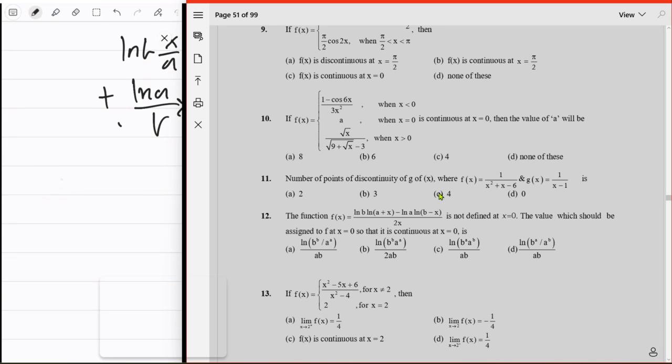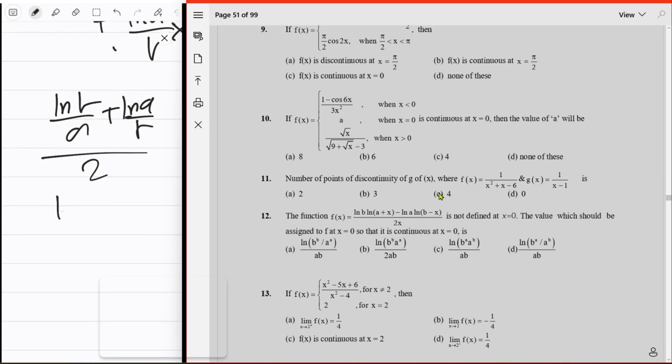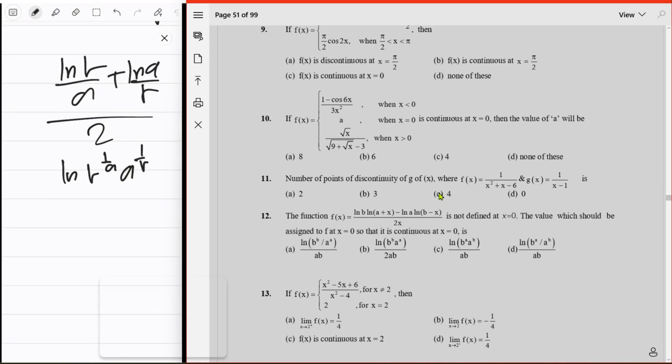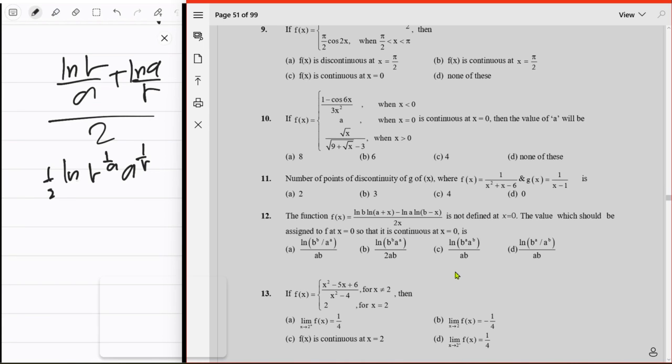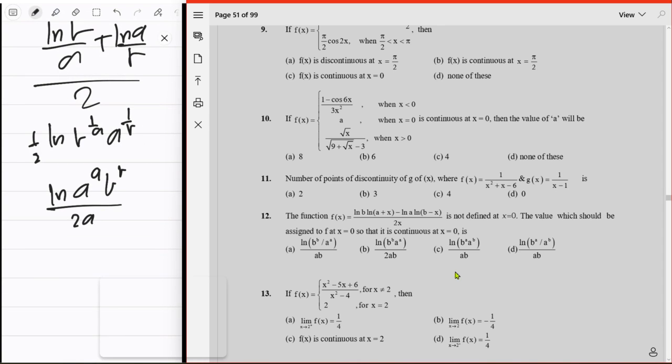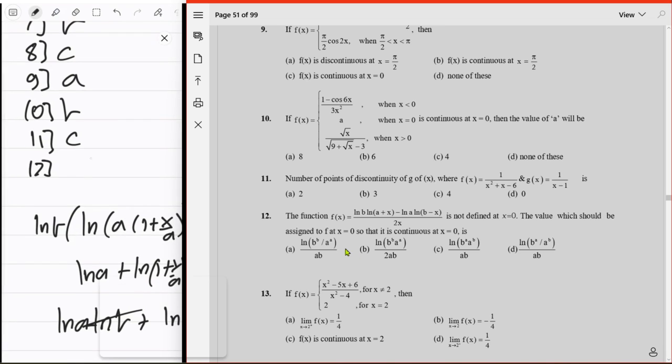So what we have is natural log of b upon a plus natural log of a upon b, all of that upon 2, which is natural log of b power 1 upon a and a power 1 upon b, then half of that. Oh, okay, they want it in a different way. Fine. So this will be natural log of a power a, b power b upon 2ab, right? Yeah, which is b. Next question.